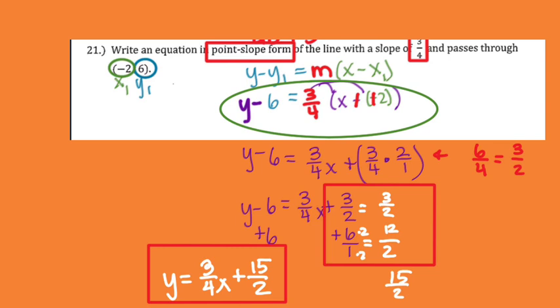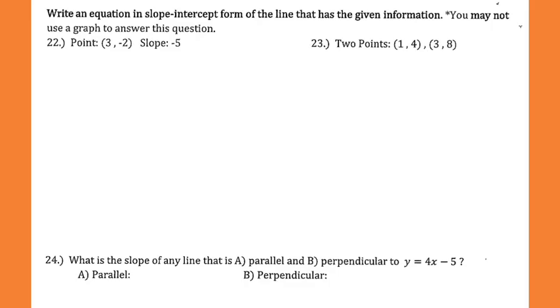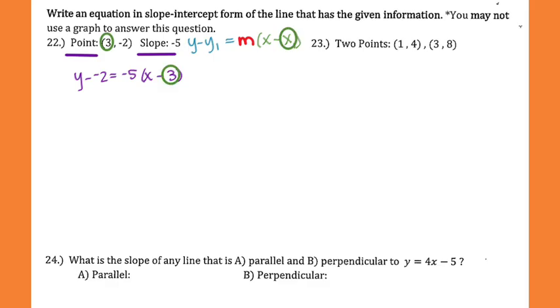All right, on number 22, now we actually use this point slope form when I'm given a point and a slope. I use that point slope form to go ahead and get the equation of the line. And with these, you'll know I didn't throw any crazy fractions in them. So I get y minus a negative 2 equals my slope times x minus 3. I know it's going to be y plus 2.